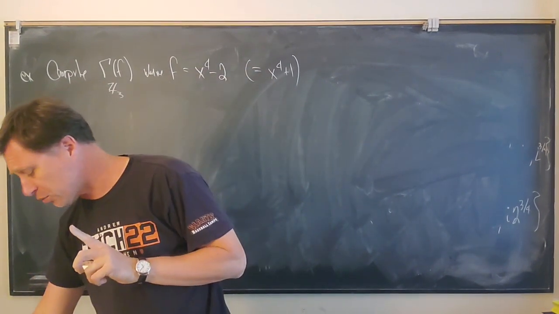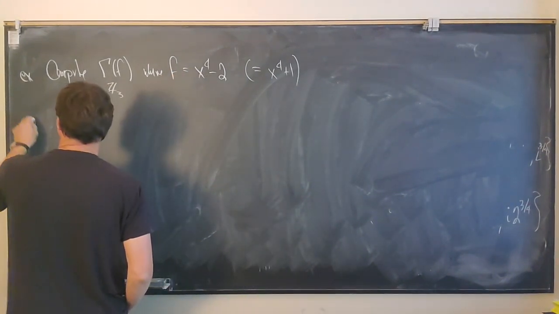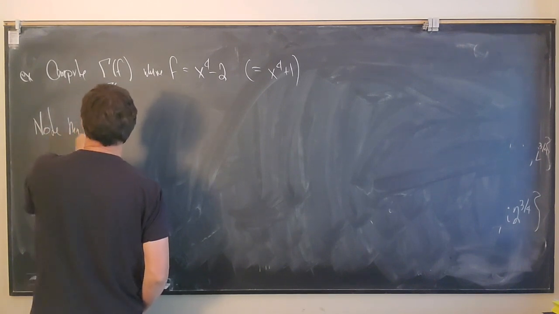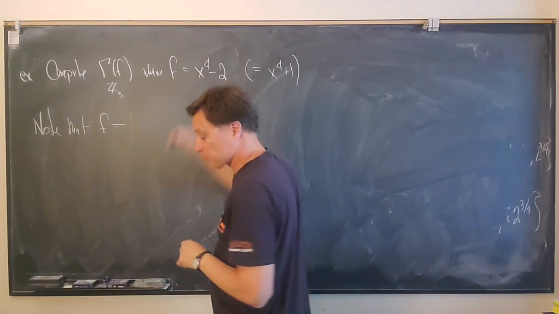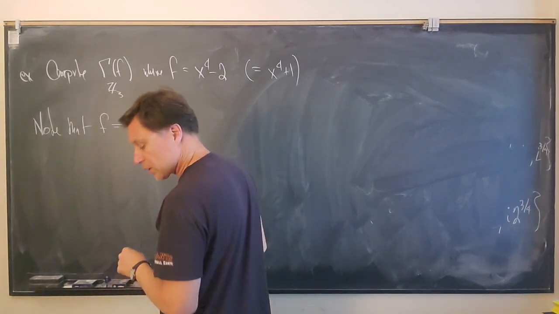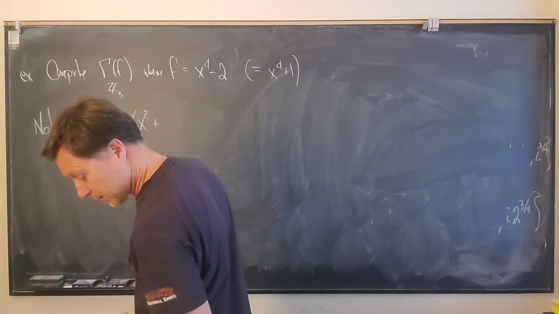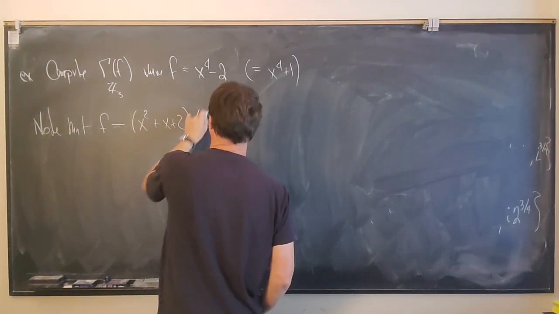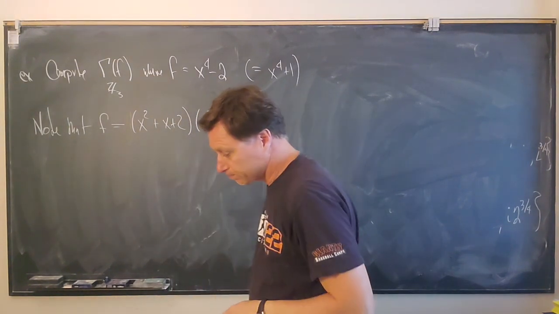Now the first thing to recognize for this polynomial right here, so let's note that if we're working over Z3, this polynomial is actually reducible. So it's equal to x squared plus x plus 2 times x squared minus x plus 2.